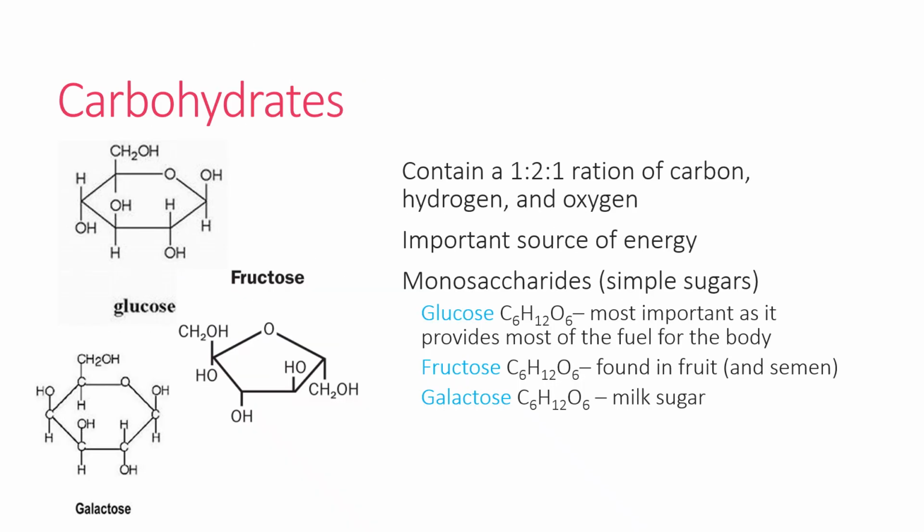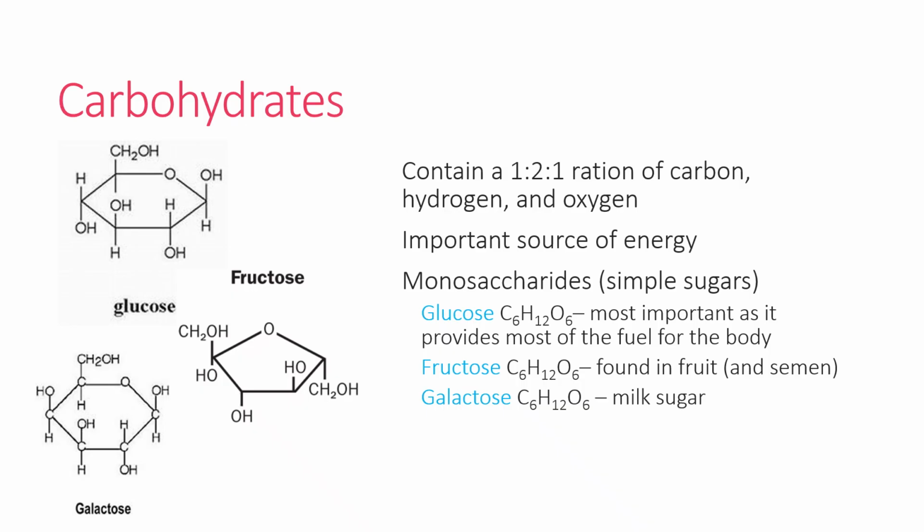Let's start our conversation here. We're talking about carbohydrates. It's not a pure definition, but generally speaking, carbohydrates contain a ratio of 1 carbon to 2 hydrogens to 1 oxygen.